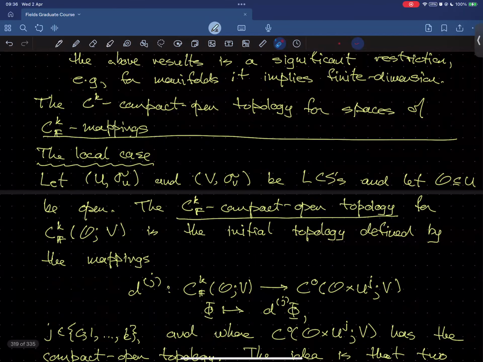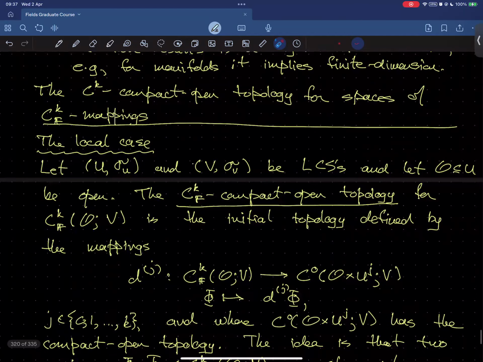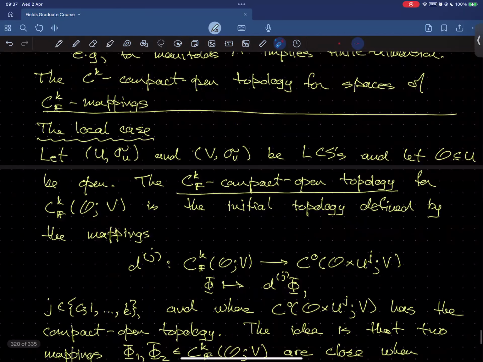All right, so that's the compact open topology, and that works for spaces of continuous mappings, right? So we can also talk about not just spaces of continuous mappings, but spaces of C^K mappings, right? So we do this first for open subsets of locally convex spaces, okay?